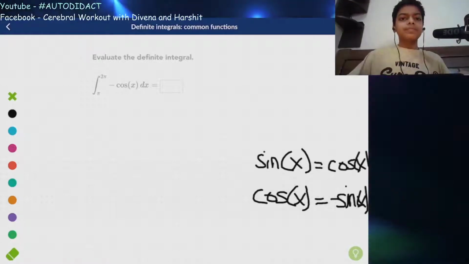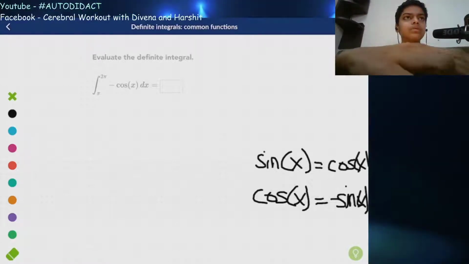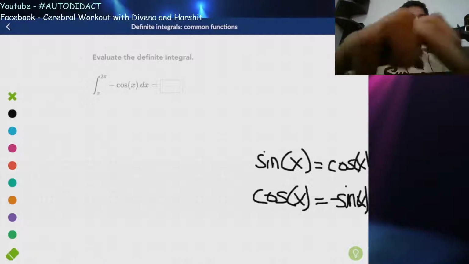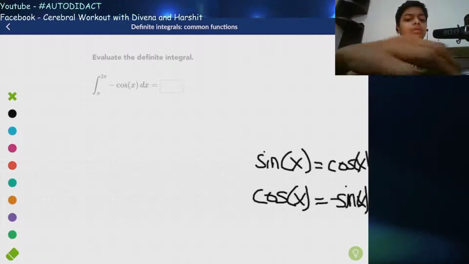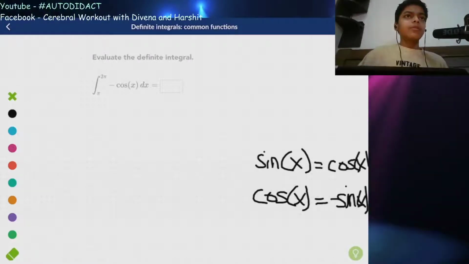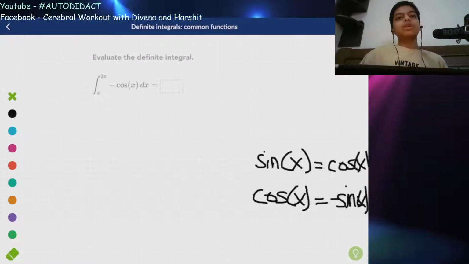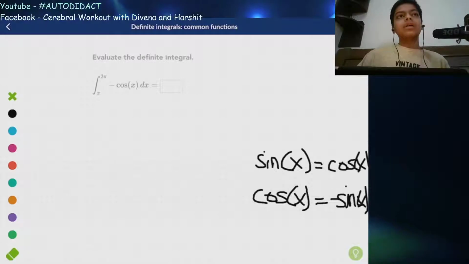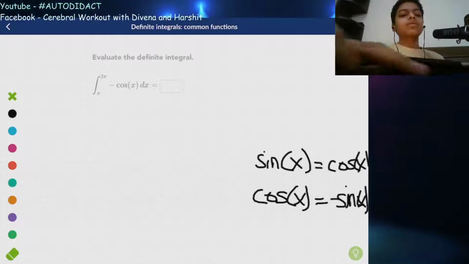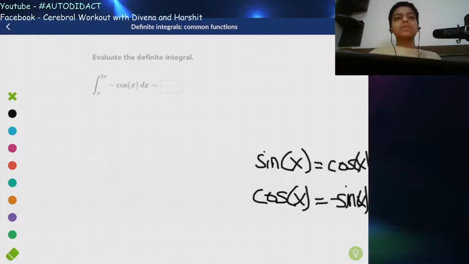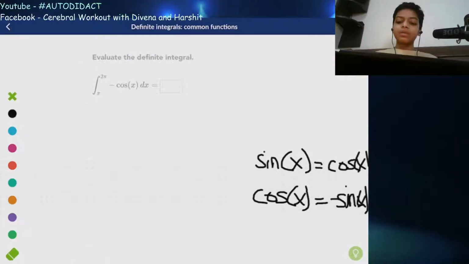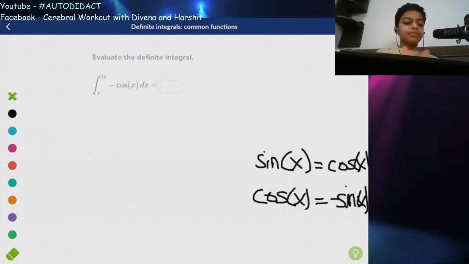The derivative of sine of x is just cosine of x, and the derivative of cosine of x is equal to negative sine of x. So what we did was correct.